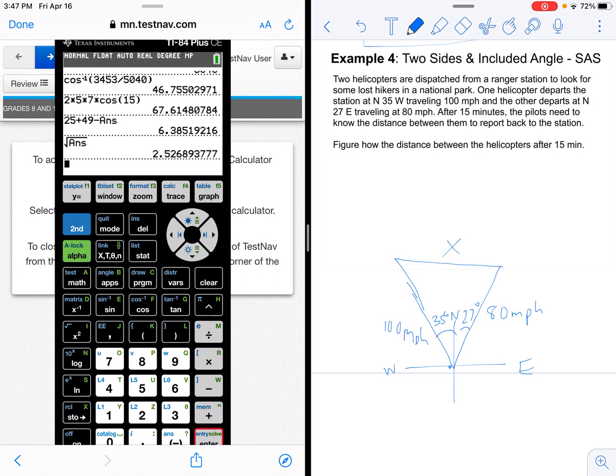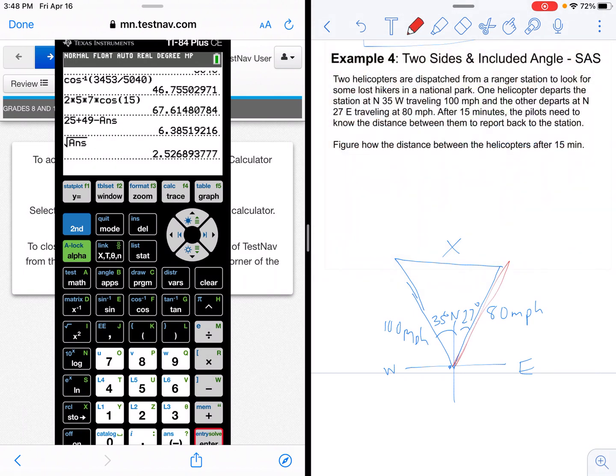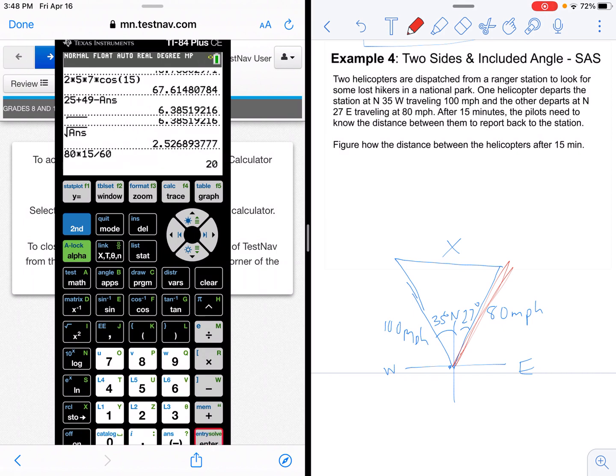And we are given some information so that we can find this distance. So it's 80 miles per hour, so I'm going to do 80 times, and then it's how much of an hour. So it's 15 minutes out of an hour, 15 out of 60 minutes. So this distance here would be 20 miles. And we'll do a similar thing over here.